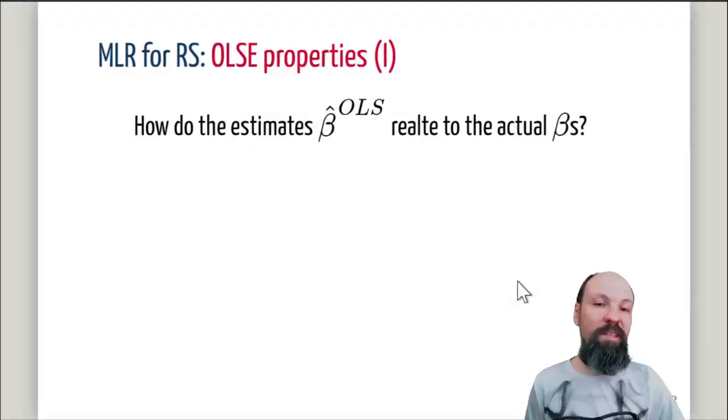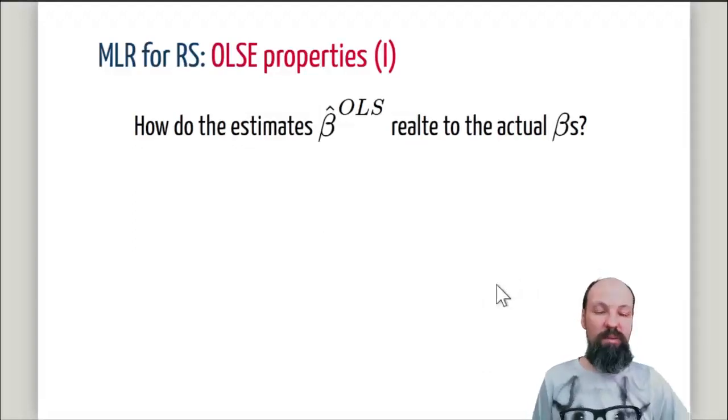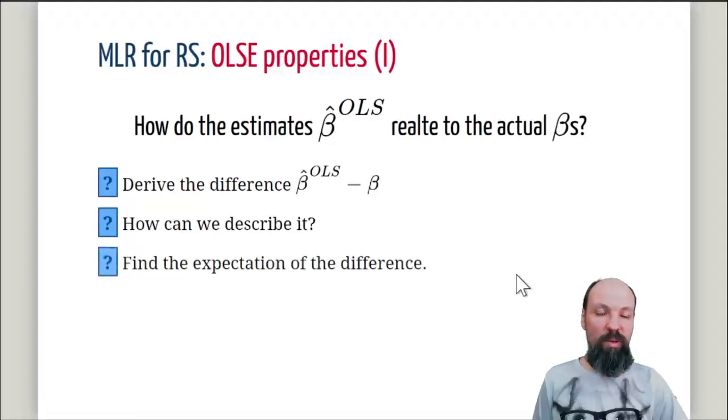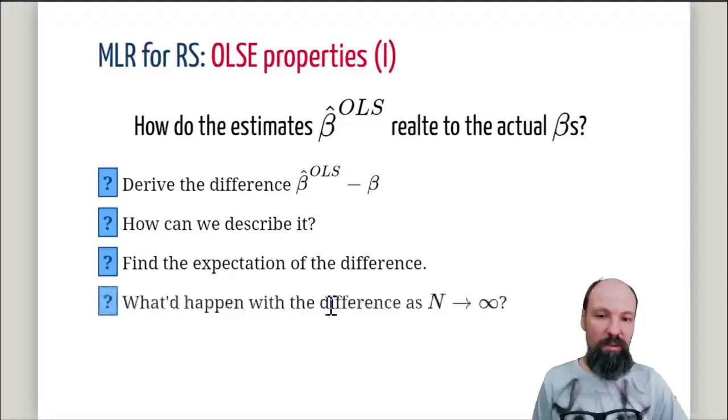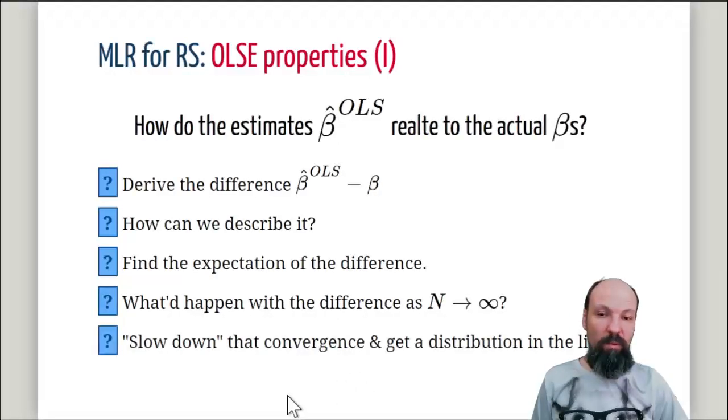If you don't have IIDness there, if those observations were dependent somehow, then yeah, we are in trouble. Basically, we don't get consistency of the estimates. And what is more important, based on that consistency, we get the most important result about that estimate.